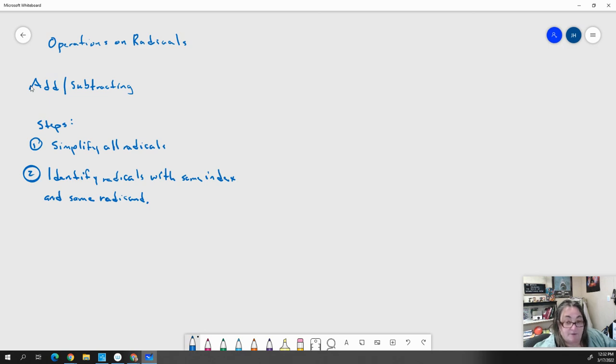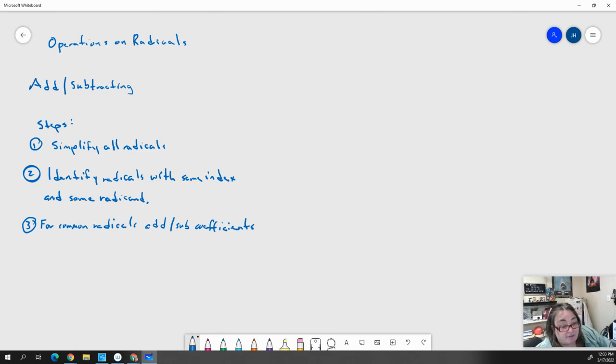For the common radicals, that means for where they're same, for common radicals, we can add or subtract the coefficients. Coefficients, if you remember, are the numbers out in front of variables, right? They're just numbers. And then you keep the common radical.